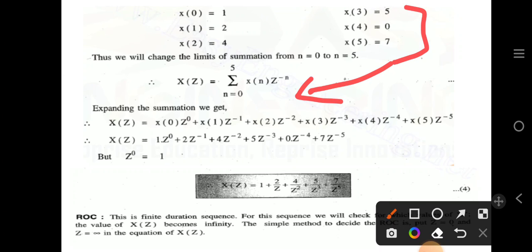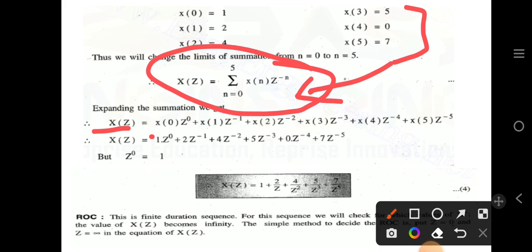Now expanding the summation, we get x of z is equals to x of 0 z raised to the power 0 plus x of 1 z raised to the power minus 1. So see here what we have done, we have just expanded this equation.